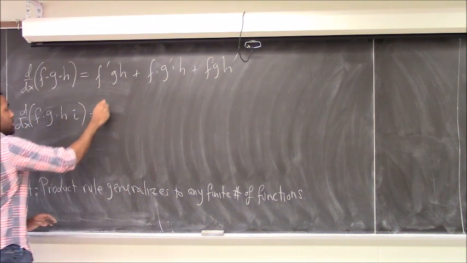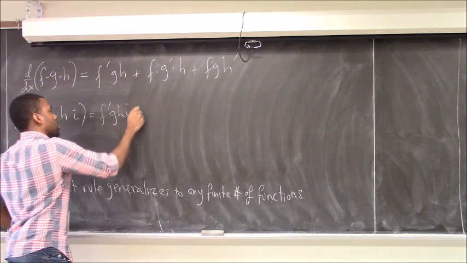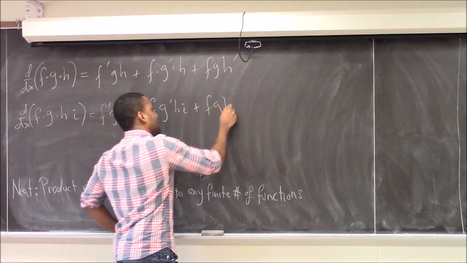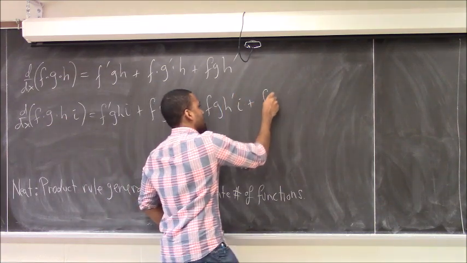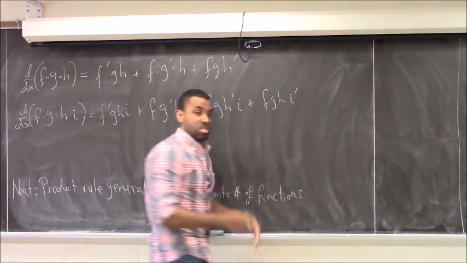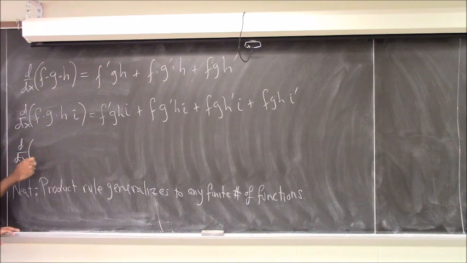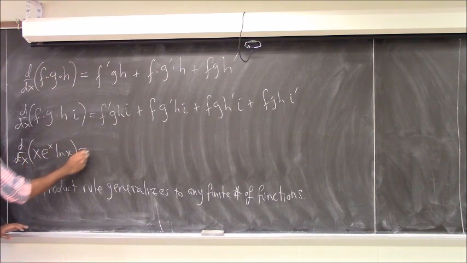This is f prime times ghi plus f g prime times hi plus f g h prime times i plus f g h i prime. You can just keep going, right? You add up a bunch of terms, but you take the derivative of one function at a time. And so in that sense, the quickest way to do this one would be to apply that rule.